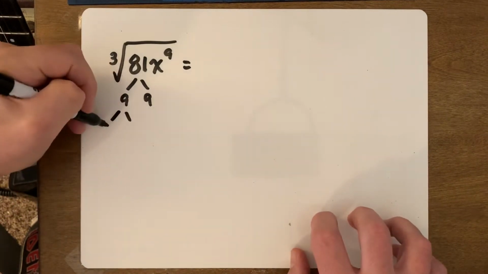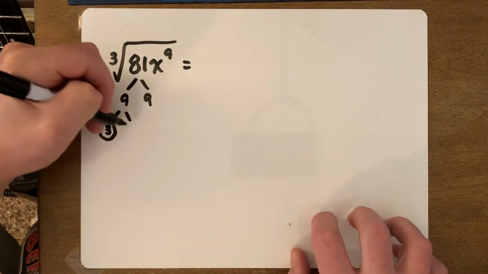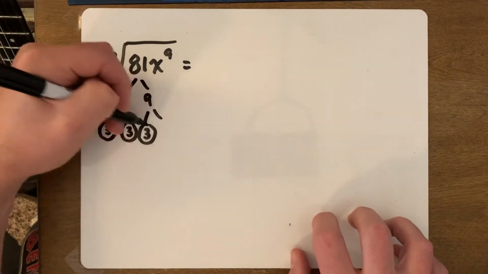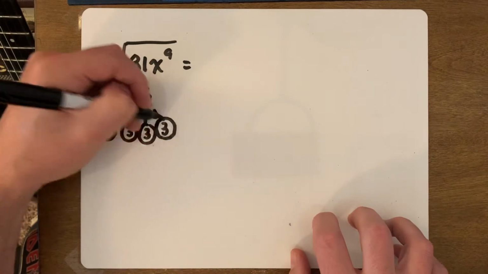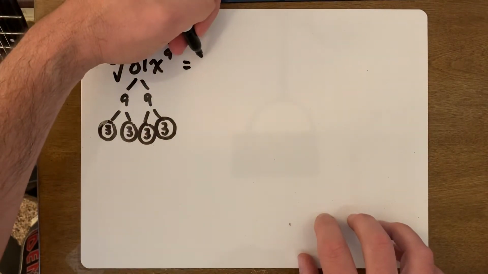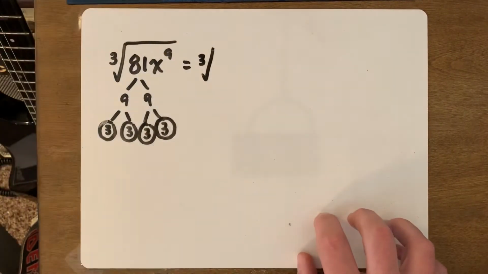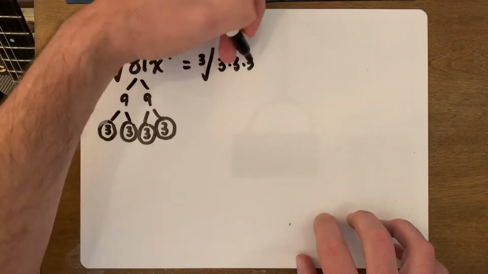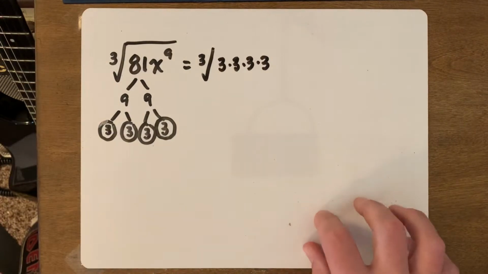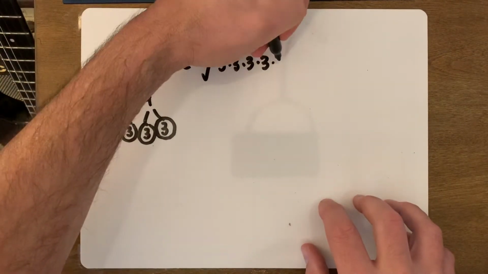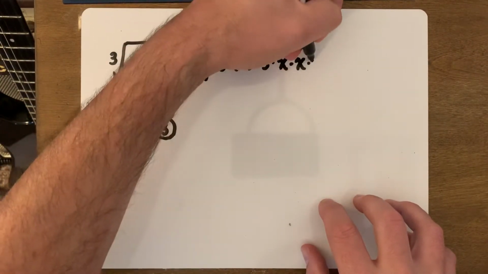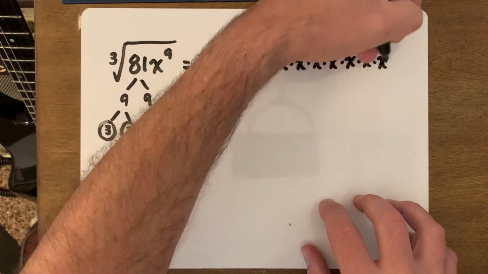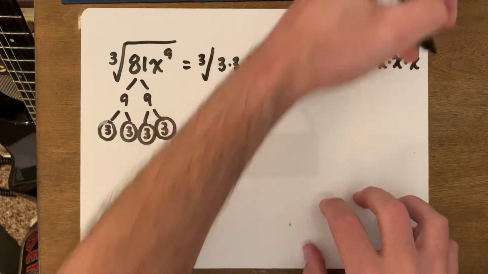So these 9s have to be broken down into 3s. 3, 3, and then 2 more. Okay, and visual learners really need to see all of this just like this. So 4 3s, 1, 2, 3, 4, and I'm going to write out 9 x's just to do it. 1, 2, 3, 4, 5, 6, 7, 8, 9.